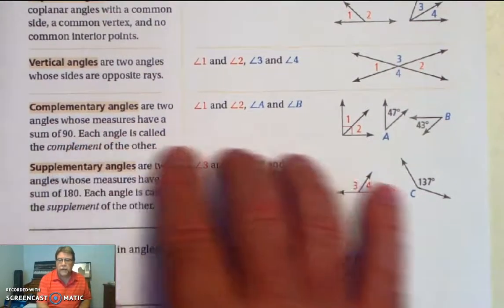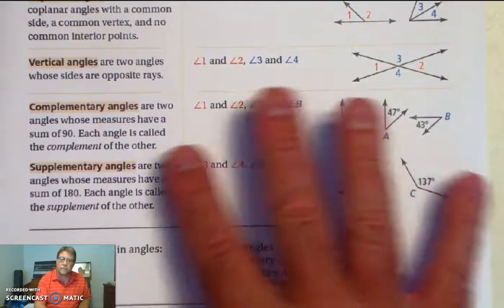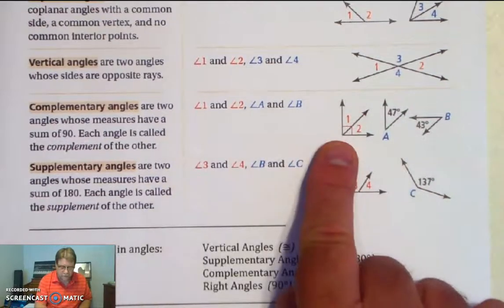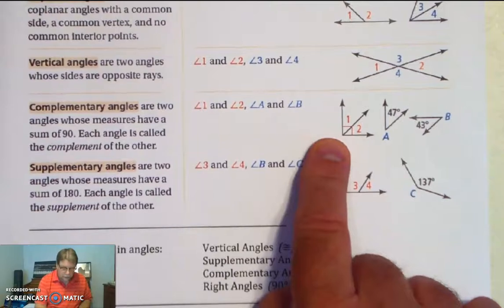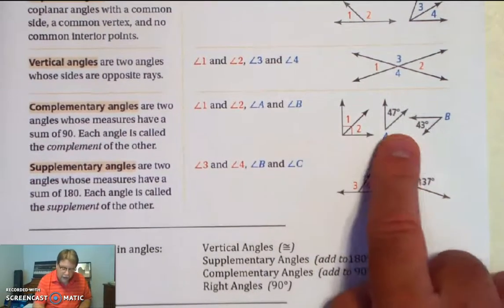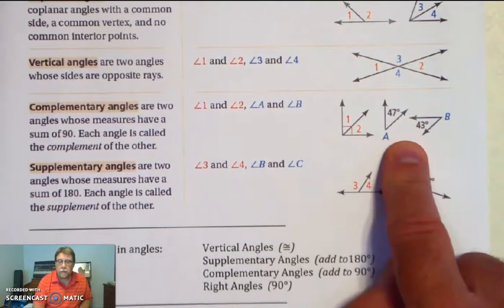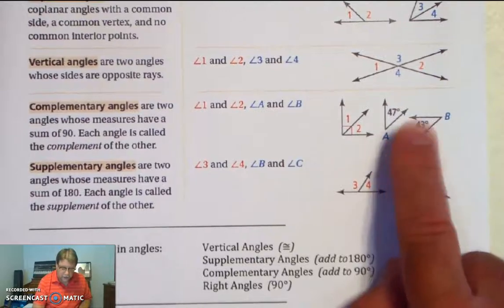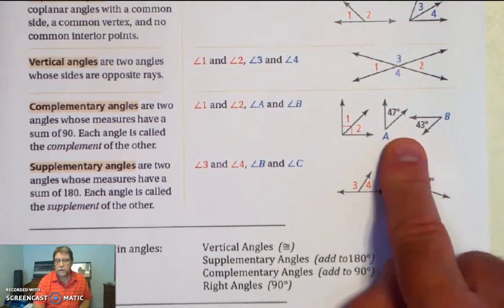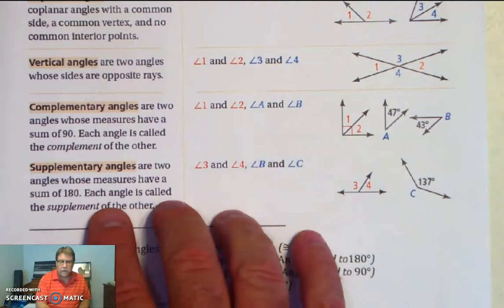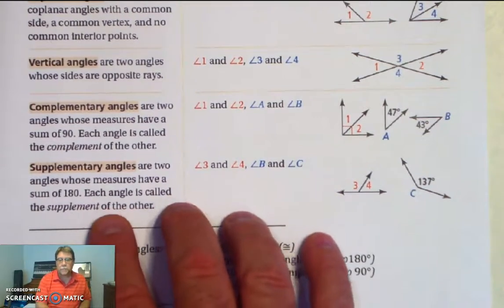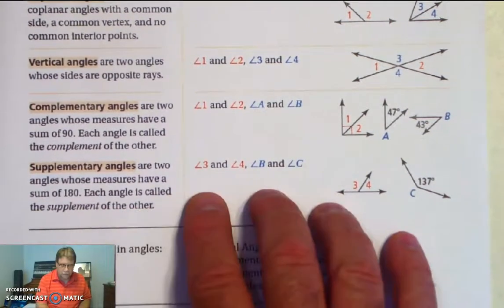Complementary angles are two angles that add up to 90 degrees. They don't have to be adjacent, although these two are adjacent. Angle 1 and angle 2 are complementary angles. They add up to 90 degrees. And angle A and angle B, although they're not adjacent angles, they do add up to 90 degrees, making them complementary. Same story with supplementary angles. Two angles that add up to 180 degrees.